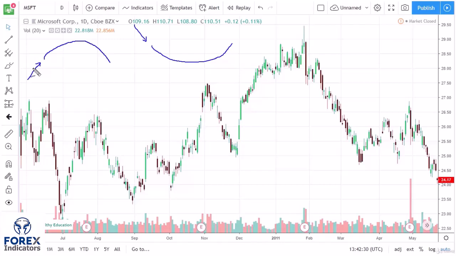Maybe some fundamentals have changed. Or there's just a simple lack of enthusiasm for a stock. And that forms, over time, this rounded top. We just kind of lose interest. Same thing with a rounding bottom. Been selling off, and then just gradually the selling pressure abates and we reach towards the upside.